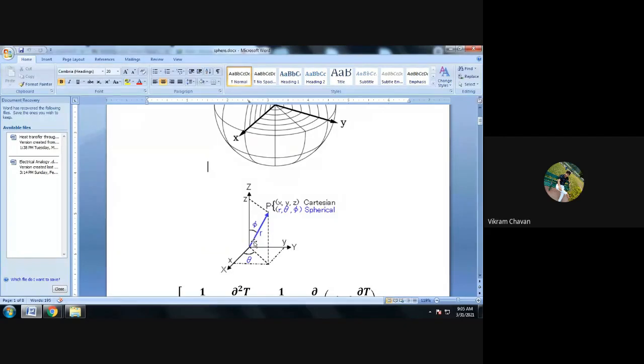So by using r, theta and phi, we can easily locate any point in a spherical coordinate system or a spherical object.